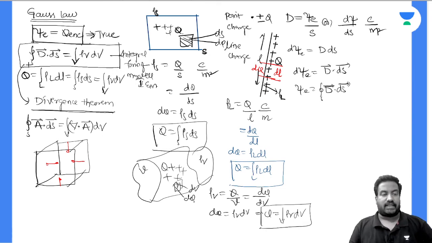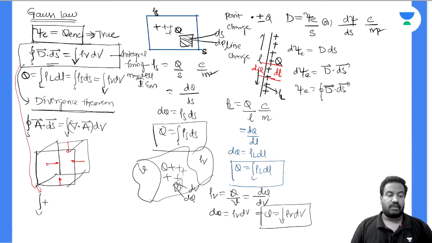Applying such divergence theorem on this LHS, closed surface integral of D dot ds is equal to volume integral of del dot D dv, is equal to volume integral of rho v dv. From this we get del dot D is equal to rho v.